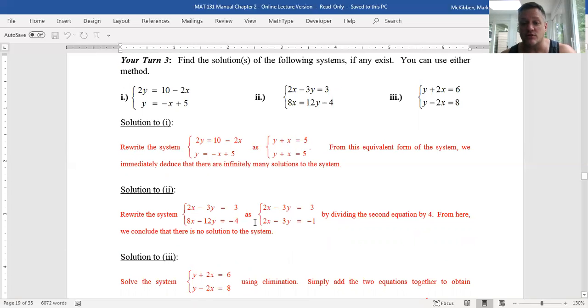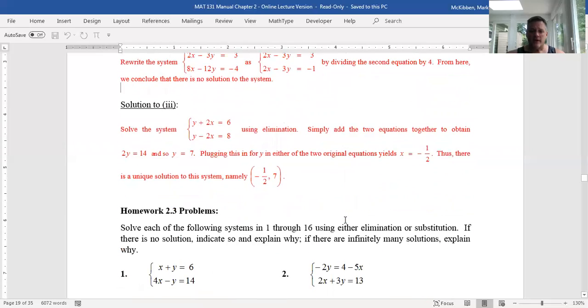So notice if I were to subtract both sides here, everything on the left would drop out. I'd get 3 minus a negative 1, which is 4. So I would get the equation 0 equals 4, which obviously is false, right? And so this system, you have two equations that have the same slope, namely 2/3, but different y-intercepts. And so they're parallel, hence there's no solution.